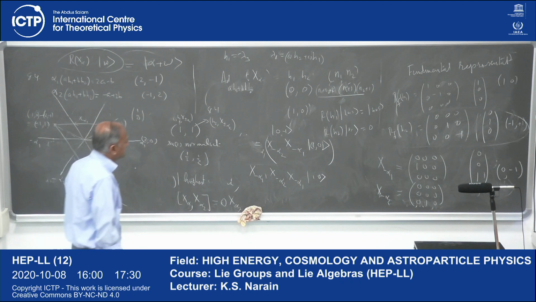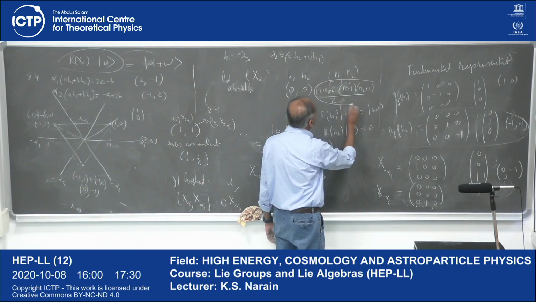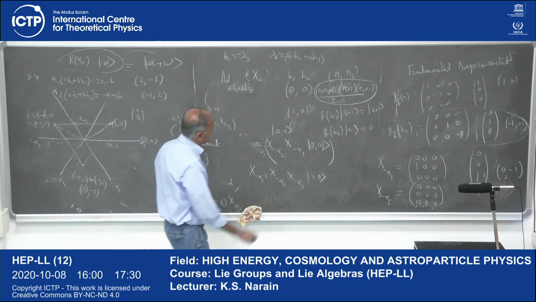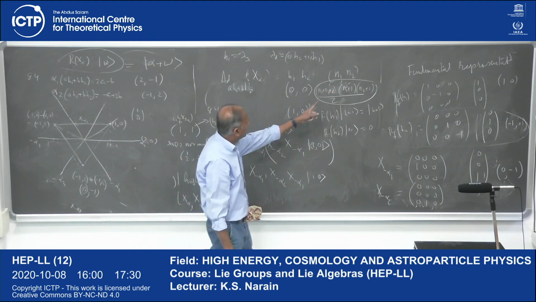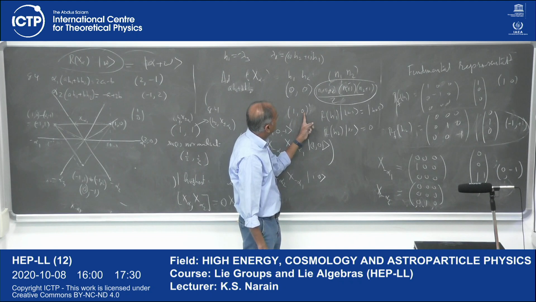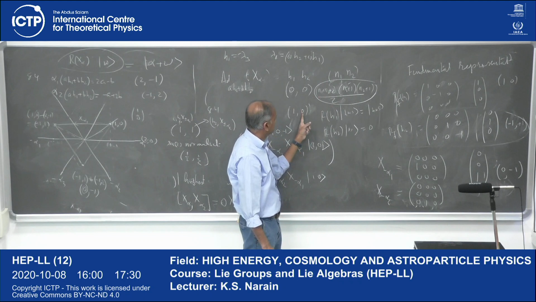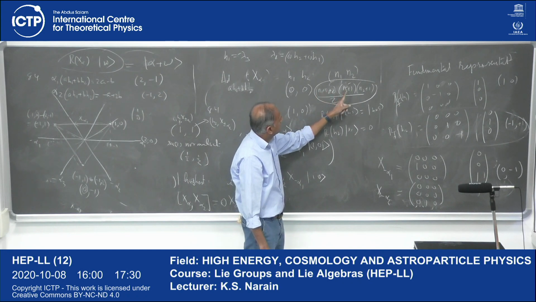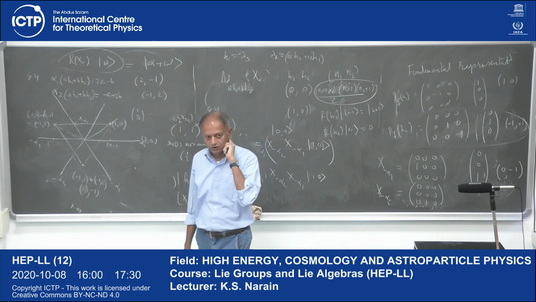It's a bit complicated, more complicated than SU2. For example, if I take 1, 0: 2 times 1 times 3 divided by 2, so it's 3 dimensions. If I take 1, 1: 2, 2, 4, divided by 2, that is 8, correct. Yes, I think this is the formula.